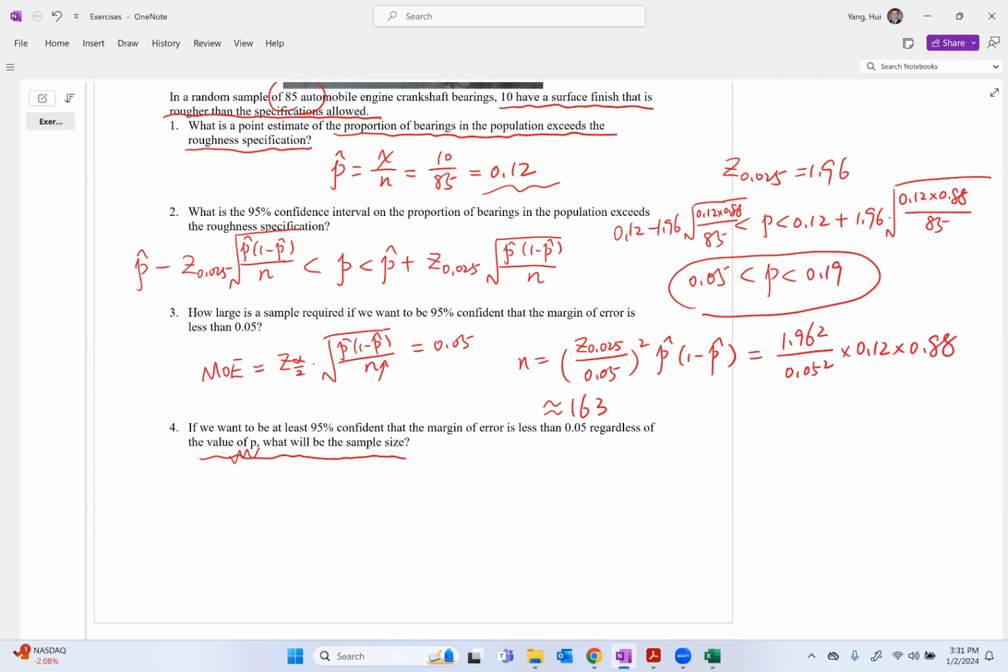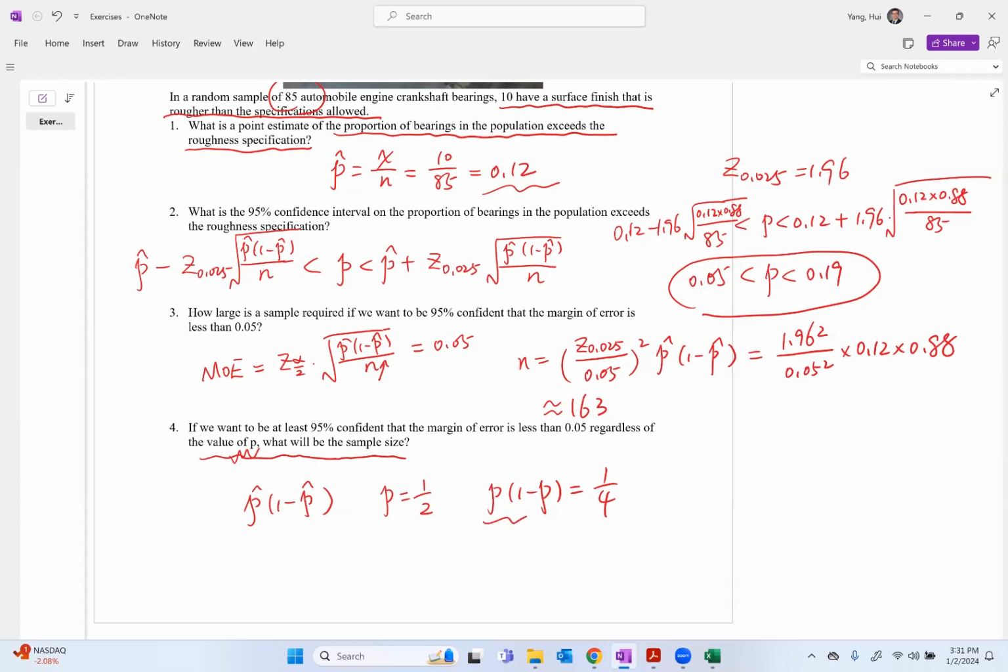We know P hat times 1 minus P hat reaches the maximum when p equals 1/2, so p times 1 minus p equals 1/4.